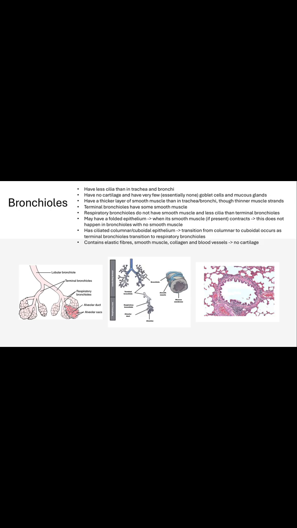They may have a folded epithelium when the smooth muscle contracts, as you can see in this photomicrograph here. It's sort of these little folds within the inner layer facing the lumen, and that is because of the smooth muscle contracting, and that causes these folds to occur.